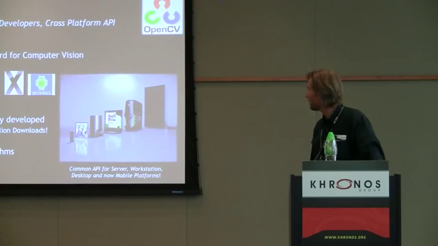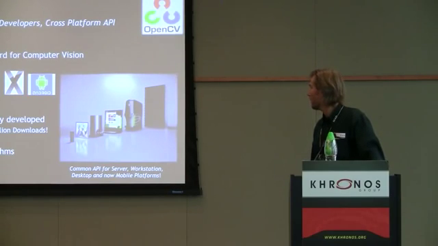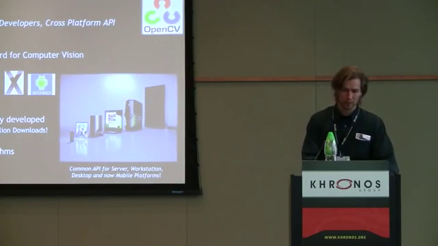Google is supporting it. It's a de facto standard for computer vision. And it's available on all desktop platforms, and now it's starting to be available on most mobile platforms. So it's definitely available for Android and the iOS version. I think beta is out already.